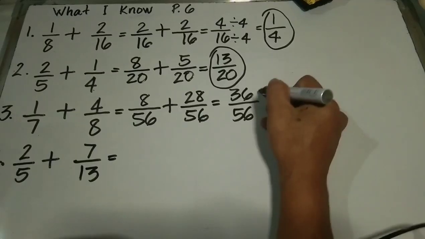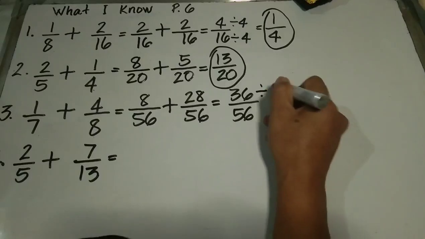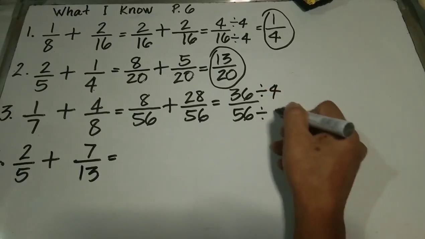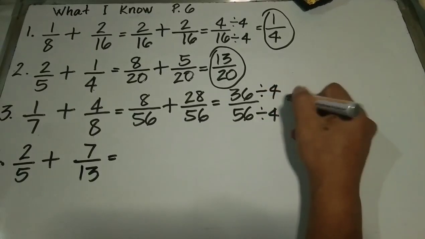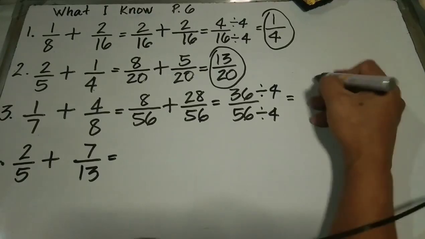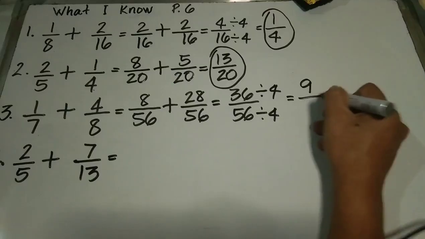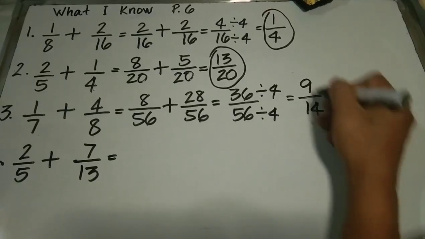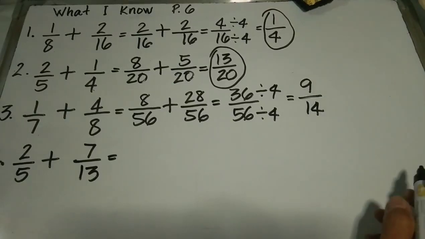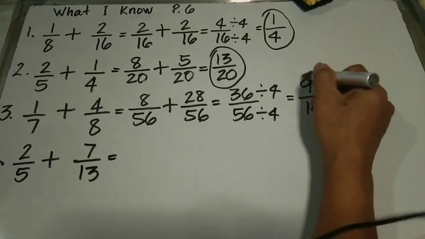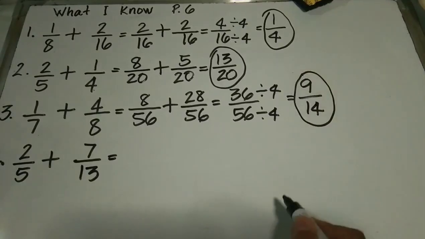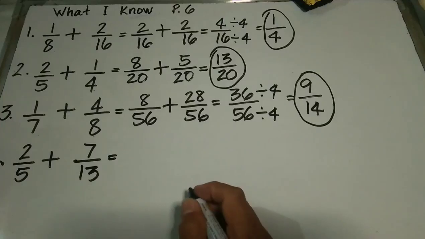So their common factor is only 4. So we will reduce the fraction by dividing it by 4. 36 divided by 4, we have 9. 56 divided by 4, we have 14. 14 and 9 have no more common factor. So this will become your fraction in its lowest term.